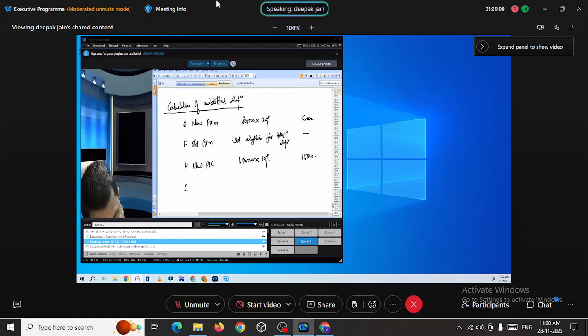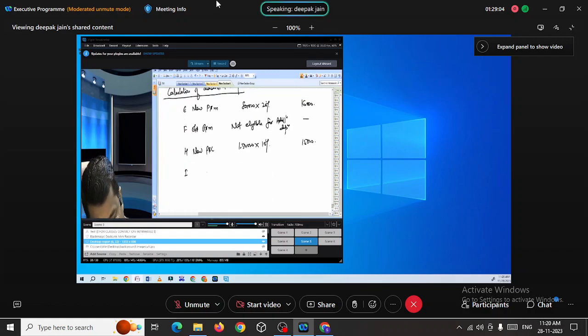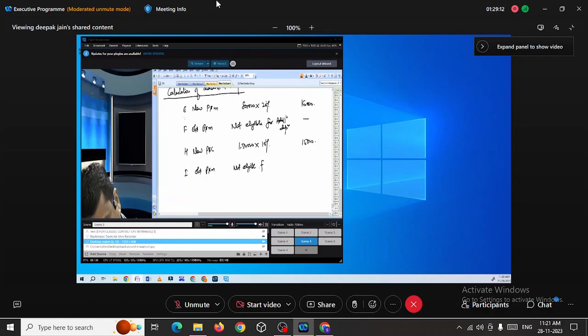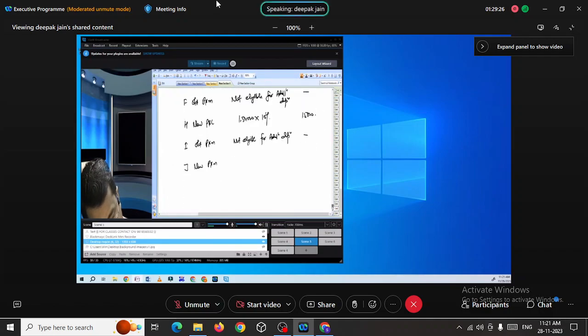I is old plant and machinery, not eligible for additional depreciation. J, new plant and machinery, 90,000 and put to use for less than 180 days.